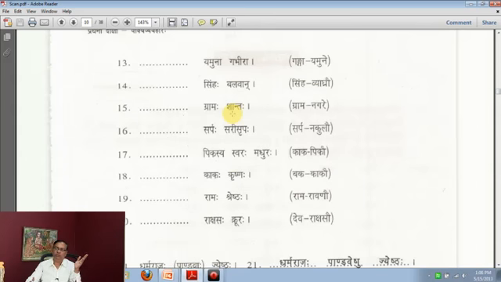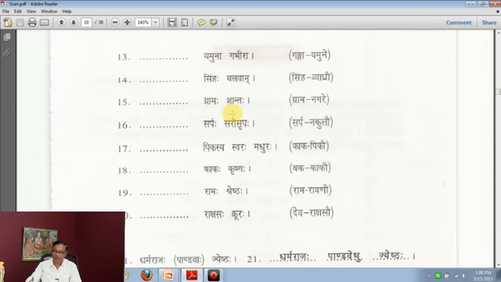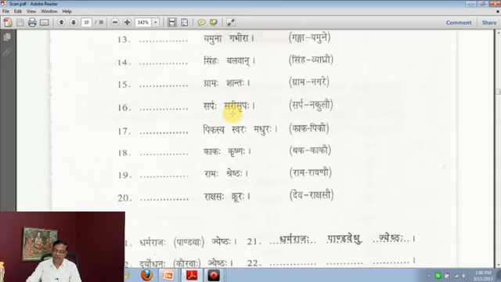Because there is no air pollution, there is no sound pollution, there is no human pollution also. 16th. Sarpa Nakulayoho. Between snake and what is called Nakula? Mongoose.